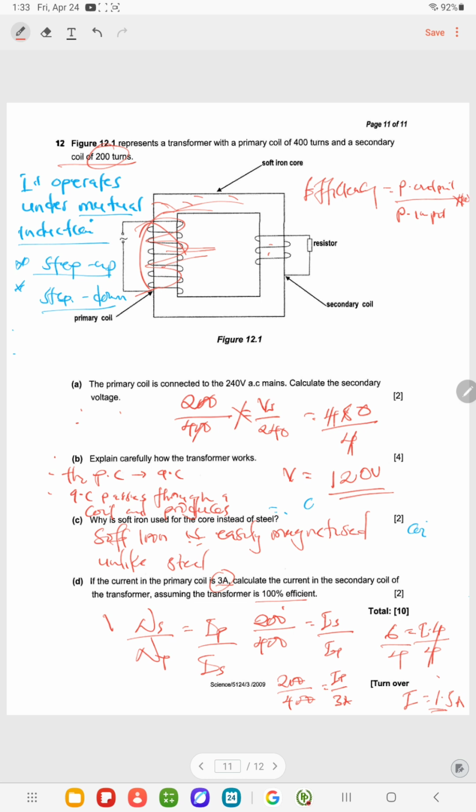That is efficiency. So if we have power over power times 100%, that's what you call efficiency.